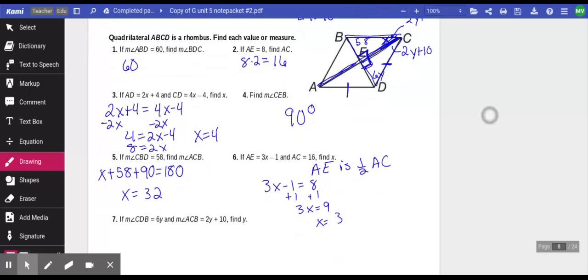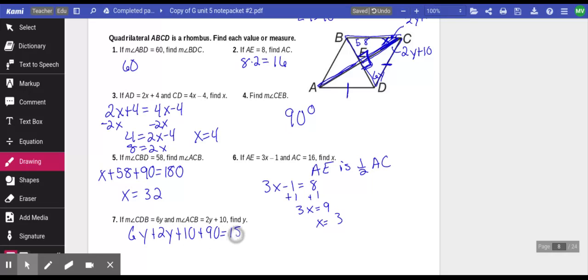So it's 6y plus 2y plus 10 plus 90 equals 180. That's 8y plus 100 equals 180. Subtract 100. 8y equals 80. So y equals 10.